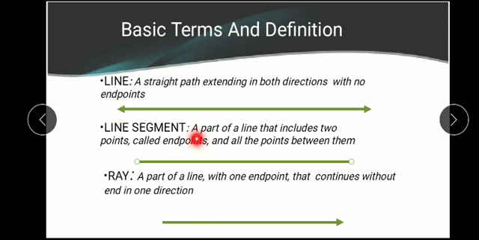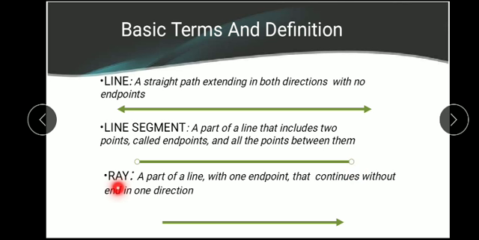Line segment: a part of a line that includes two points called endpoints and all the points between them. If I take a part of this line, that part we call a line segment, and it has two endpoints.